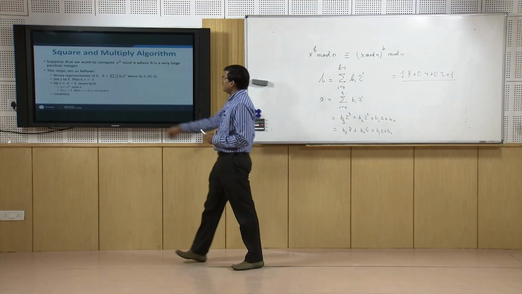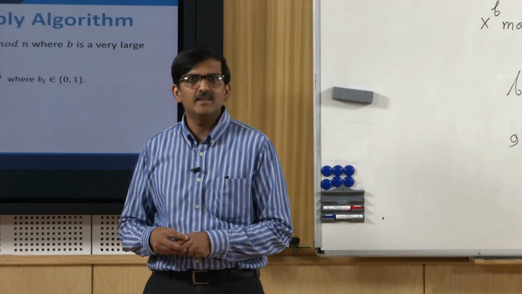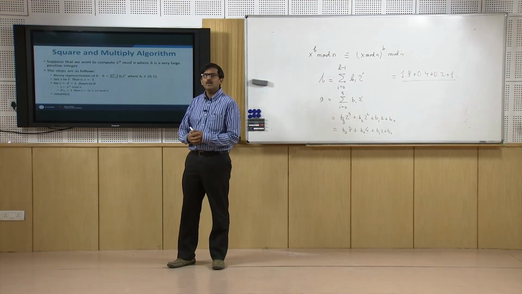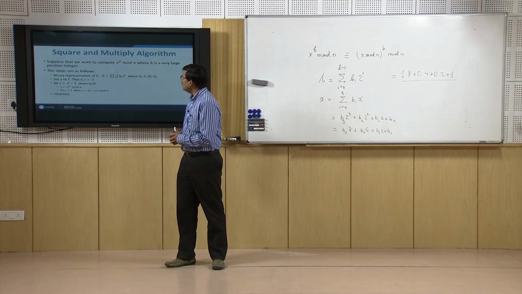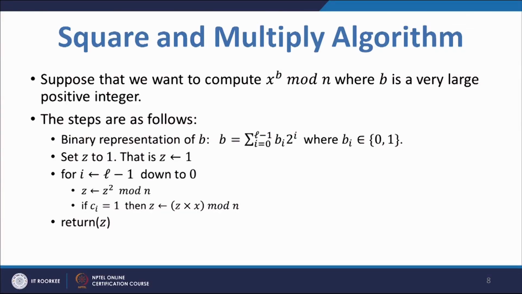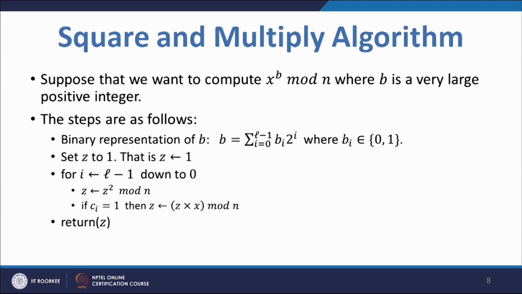This is how we write b, and then we introduce one variable z, and this z is set to 1, and now we go into a loop. In this loop we start from L minus 1. In this case we will start from 3, go down to 0, and each time we go in we square z.